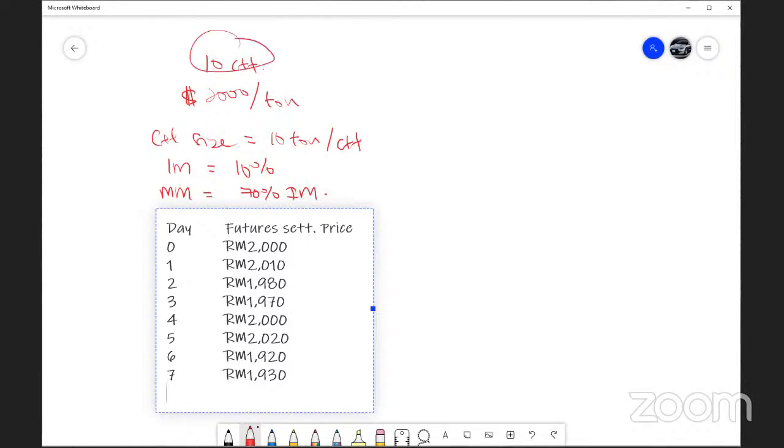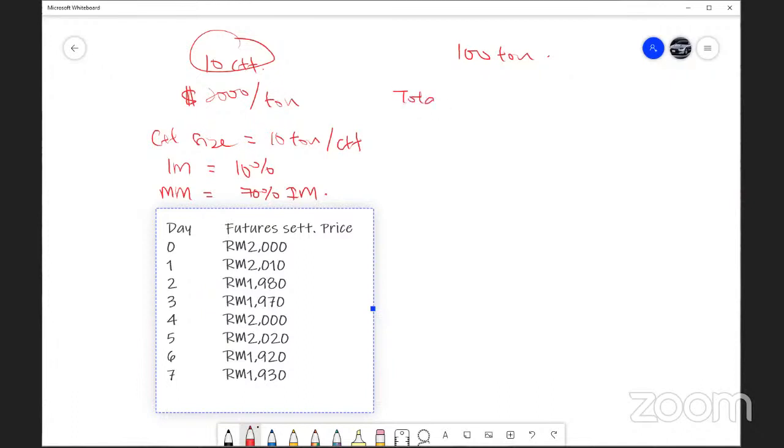There are 10 contracts in total, and each contract has 10 tons, so you will have 100 tons. Next, each ton is $2,000.